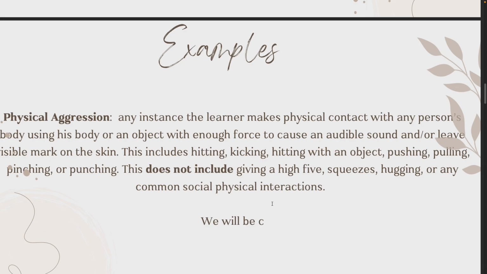So I'm hoping that this is going to be clear enough for an IT going into, let's say, a classroom, and when these things happen, so when hitting, kicking, hitting with an object, pushing happens, they're collecting whatever kind of data they need to, excluding high fives. So for example, if I did not write, this does not include giving a high five, squeezes, then we're leaving that up for interpretation.